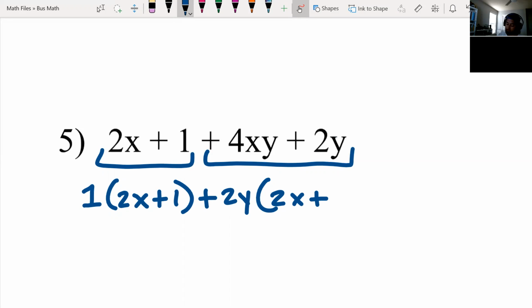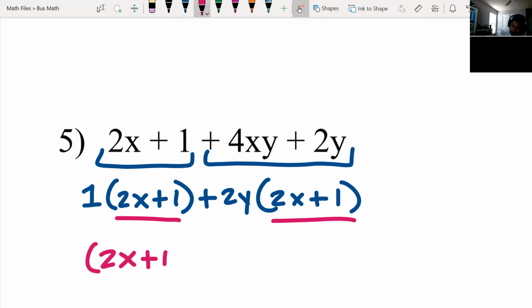Anything divided by itself is going to give us 1. And now we see that these are common. Factor it out. And what is left over? Don't forget the 2y. 1 plus 2y.